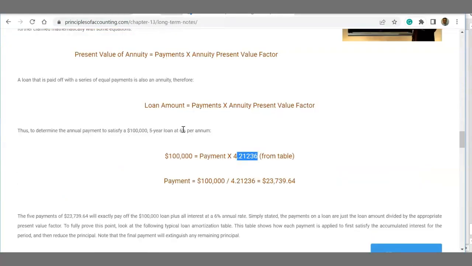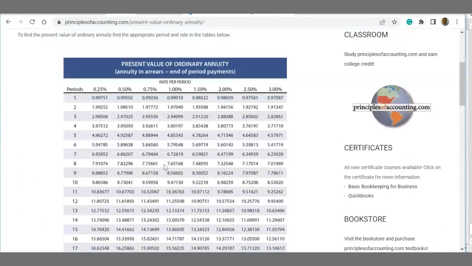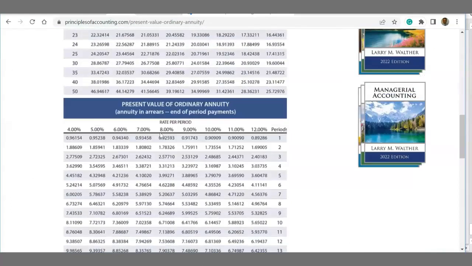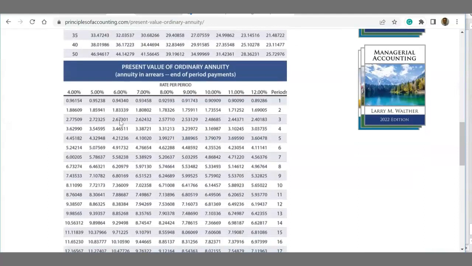And that was 6%, 5 years. I6N5. Okay, I6, present value of ordinary annuity, I6N5, right there.